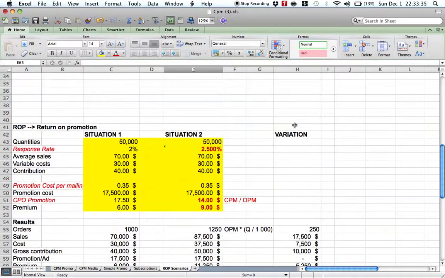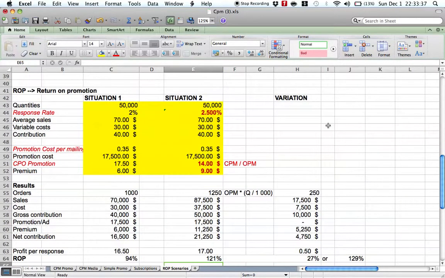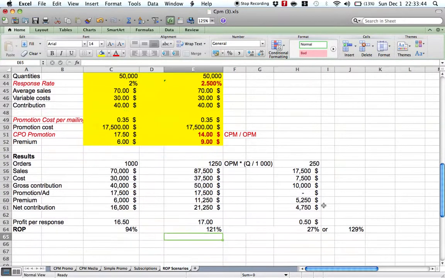And then you want to calculate the variation. So what is the variation between using subject line A in situation 1 and using subject line B in situation 2? Well, we get 250 more customers. We have 1,700. We earn 17,000 more dollars.